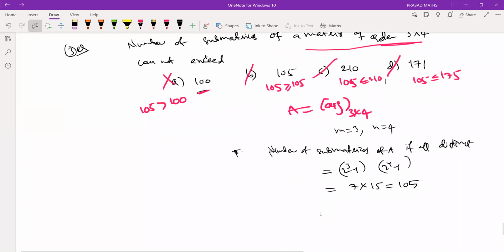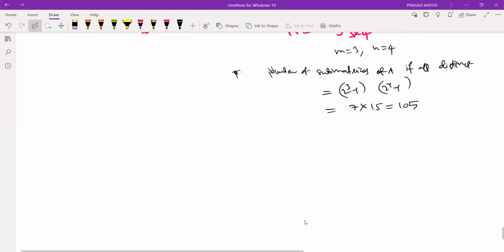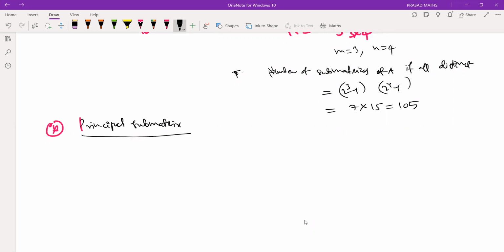Next is principal submatrix. Principal submatrix means it is a square submatrix. You take a square matrix first of all, because principal is possible for only a square matrix.